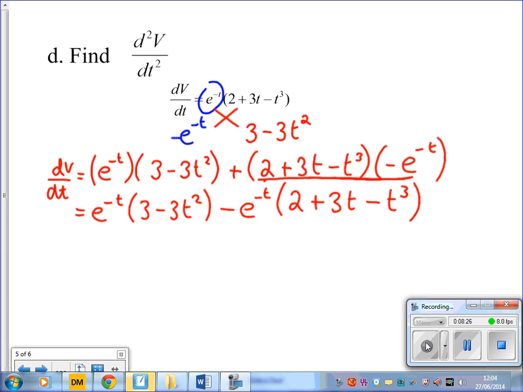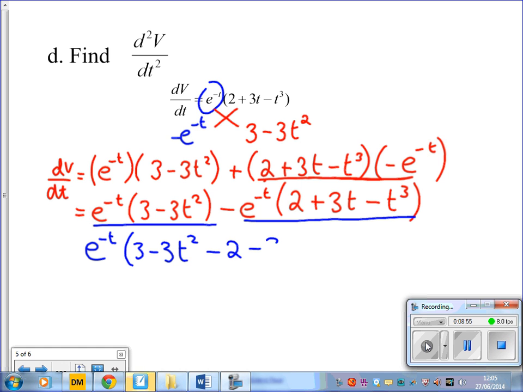Okay, now from these two terms, this one and this one, I'm going to take out e to the minus t as a factor. So here I'll be left with 3 minus 3t squared, and over here minus 2 minus 3t plus t cubed. The sign's changing because of this sign here.